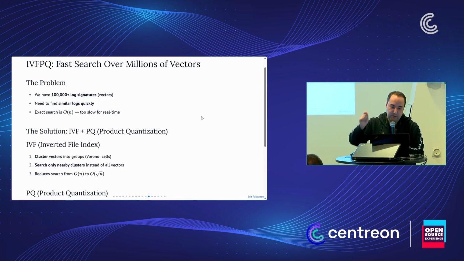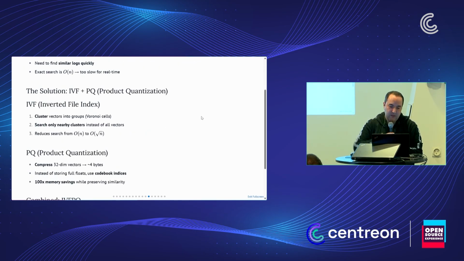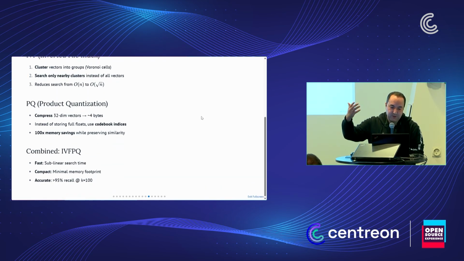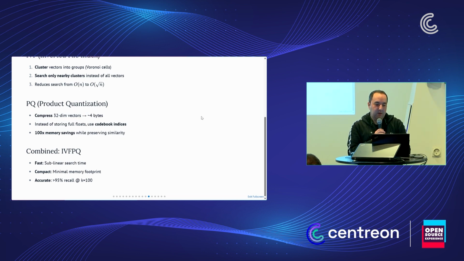Similar logs are quickly searched, and the inverted file index reduces search from O(N) to O(square root of N). And the product quantization reduces the storage needs. Why? Because we need to store the value of these vectors in, for instance, a database for later use.